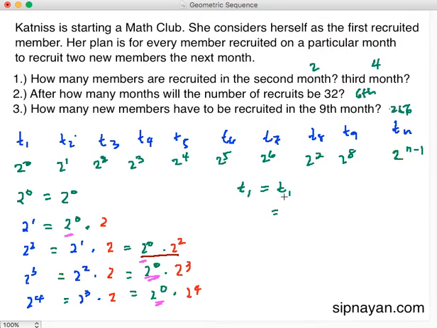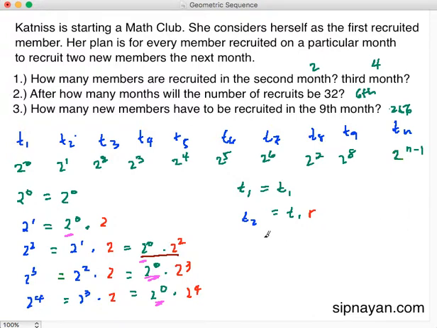Palitan natin to ng blue para kita din. So, t sub 2, the second term, is obtained by multiplying the first term, which is t sub 1, times the constant ratio, r. Itong r natin is 2.